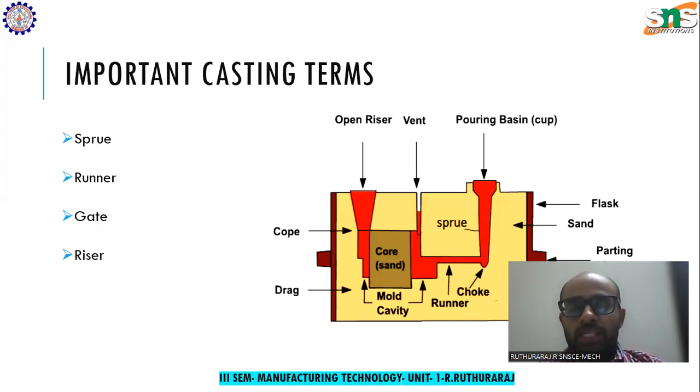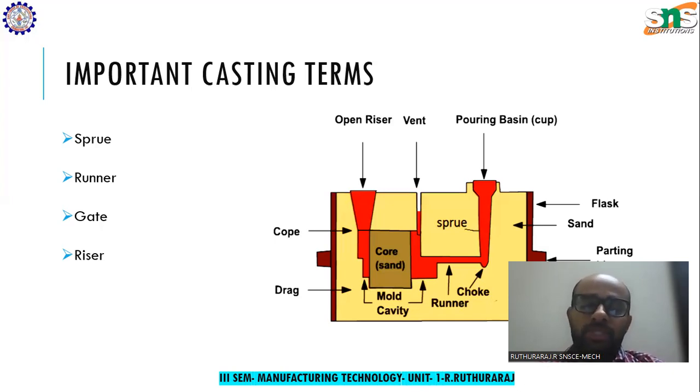To give you a quick recap, today we discussed the sand casting process. As the name indicates, sand is used to make the casting. Casting is a process of making a mold cavity to the required shape by using a pattern.